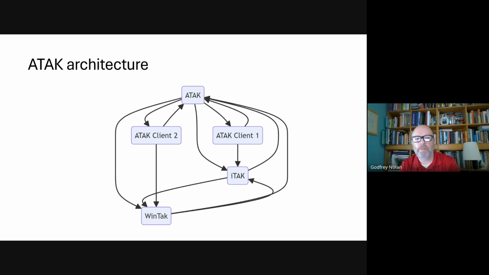So you could have a family on a day out with ATAK running on their phones, and so long as you have Wi-Fi access, you can share information. Or you could have a whole bunch of people firefighting, and so long as there is maybe FirstNet from AT&T, they should be able to communicate with each other.